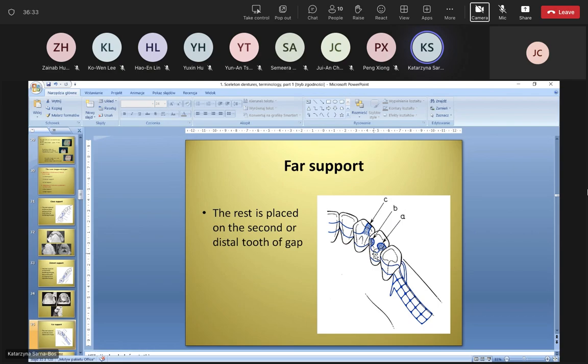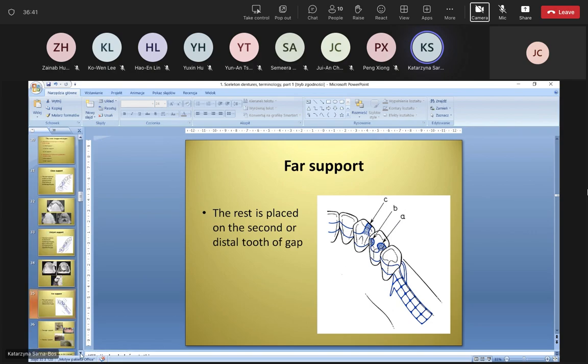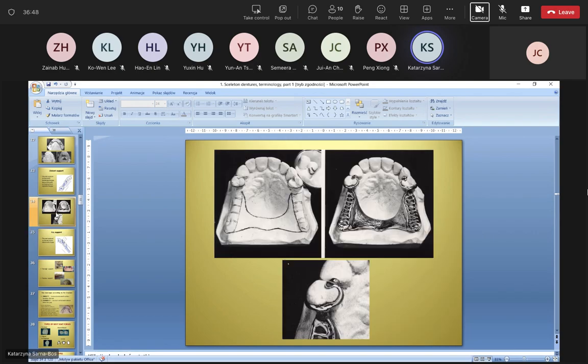The rest is placed on the second or distal tooth from the gap. This is the far support. And when we come back to this picture, you can notice the distant support and the far support, which is placed on the second tooth from the gap.